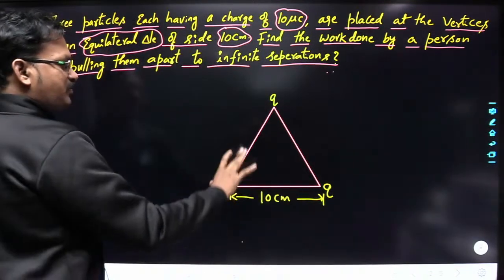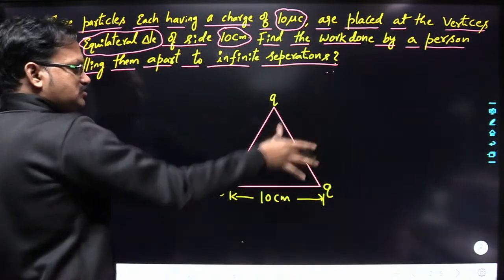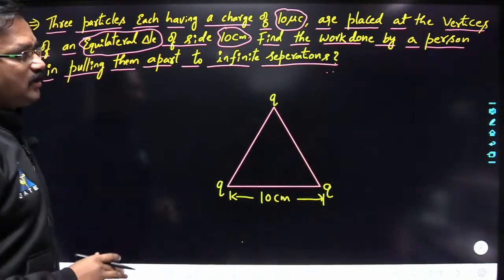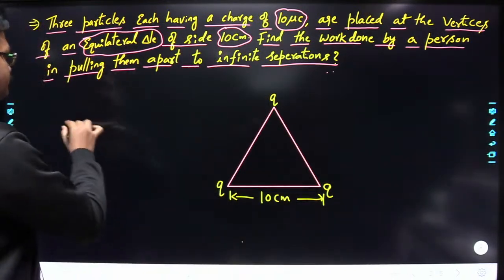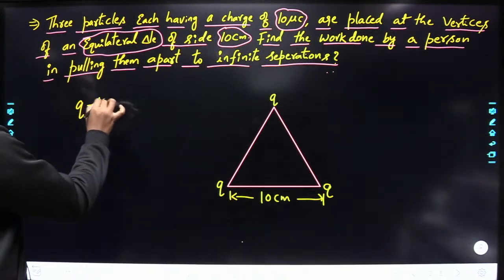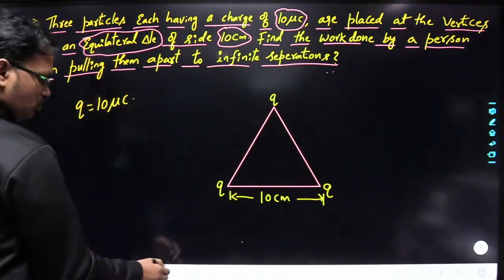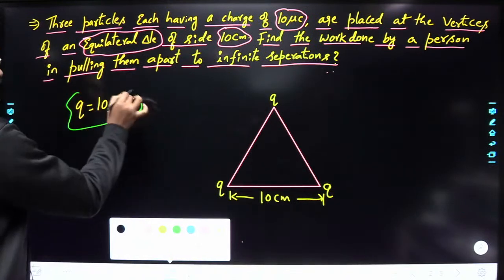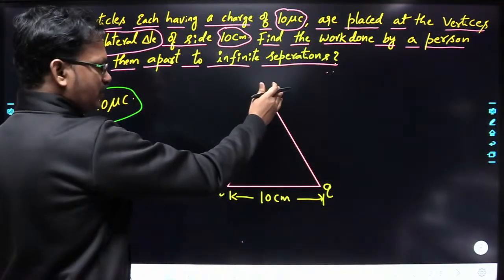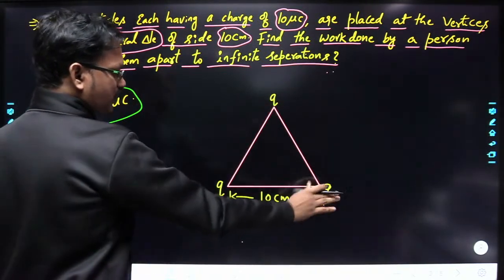So this is 10 centimeters, this is also 10 centimeters, and this is also 10 centimeters, because it is an equilateral triangle. The value of Q is equal to 10 microcoulombs at each vertex. Understood?